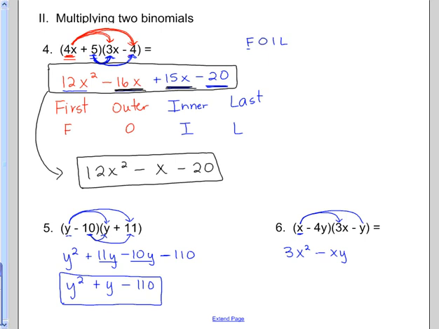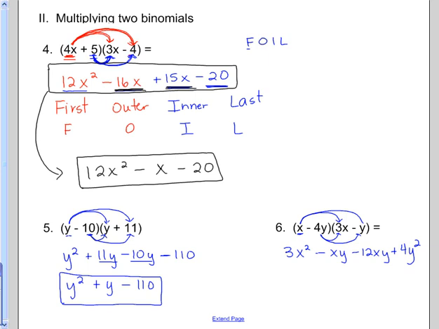We say this is our inner. Negative 4y times 3x would be negative 12xy. Last would be negative 4y times negative 1y. Two negatives will be a positive 4y squared. You have to really watch those signs here also.